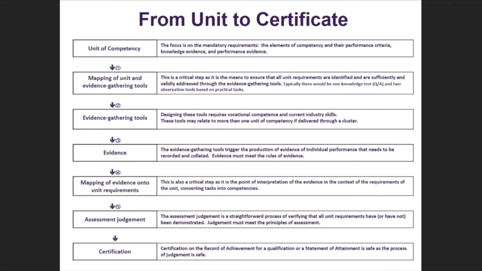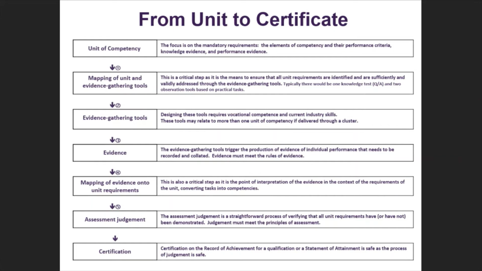Then we get to the evidence gathering tools. Now, what you get from the mapping is a kind of blueprint which says this is what the knowledge assessment is going to cover, this is what this practical assessment is going to cover, this is what this next practical assessment is going to cover, and you can see from that what is the function of each evidence gathering tool.